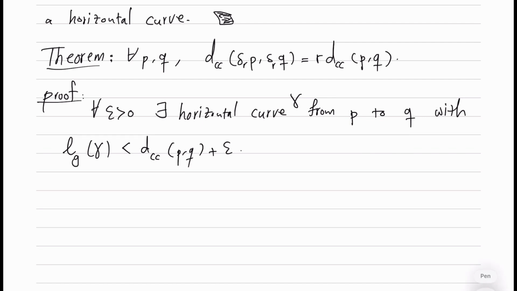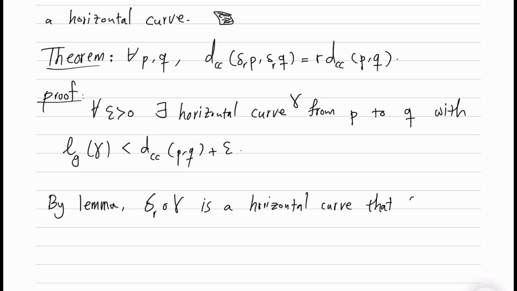So by the lemma above, delta r composed with gamma is a horizontal curve, and obviously its endpoints are delta r p and delta r q, so it is a horizontal curve from delta r p to delta r q.